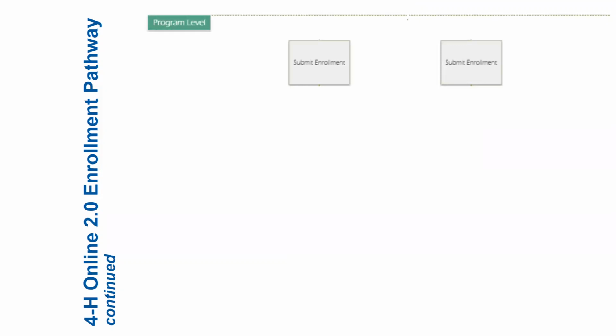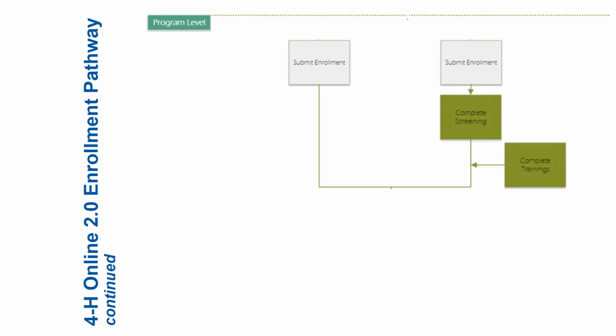Let's continue this enrollment pathway. Once enrollment is submitted, the family process is complete for youth. The volunteer enrollment process continues. They progress in the system by completing the volunteer screening. The screening information is added to their profile in the system. Volunteers then complete the required trainings.